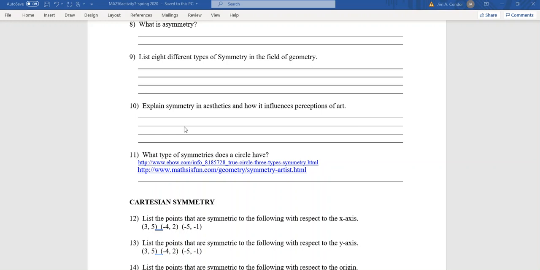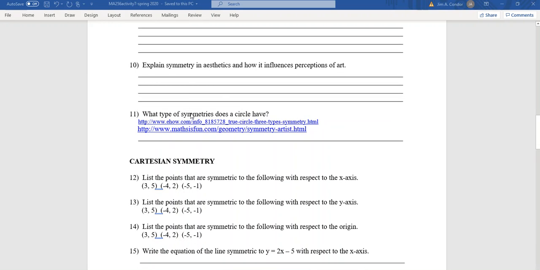It's kind of a comfortable feeling, and it can really influence how people perceive your designs. So if it's something that you're looking for, again, for the masses, what's pleasing to the masses, symmetry is probably a good idea, something to think about.